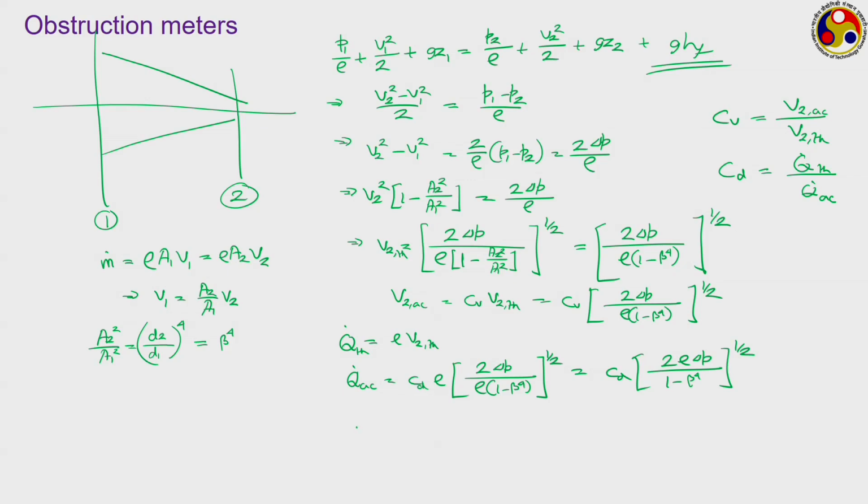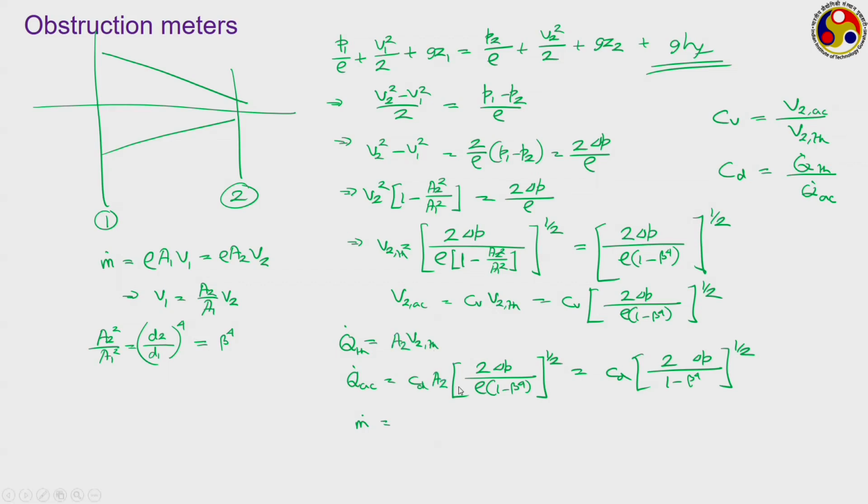And if your interest is mass flow rate, then mass flow rate will be... sorry, I made a mistake here actually. This is not correct because it should be equal to A2 into V2 theoretical.